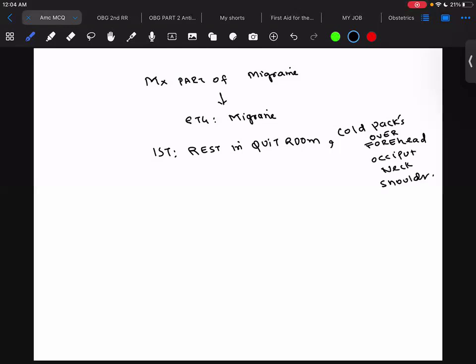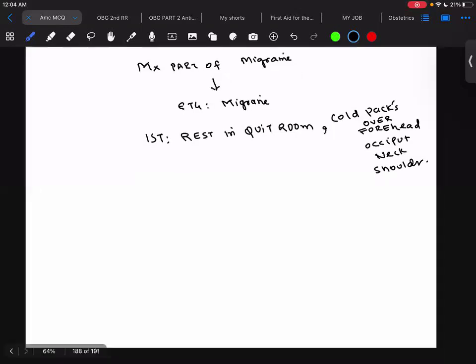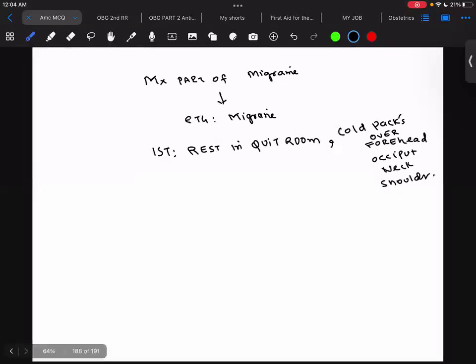So you advise these patients to take such steps. Second step is to take NSAIDs, okay? NSAIDs like aspirin, PCM. Plus we add one important drug to these patients, that is antiemetics.